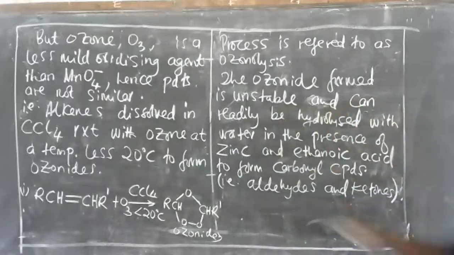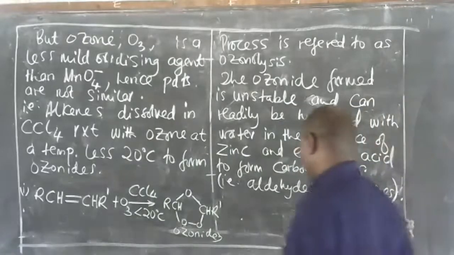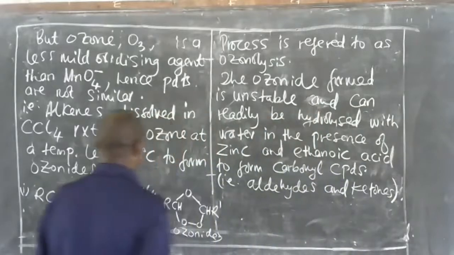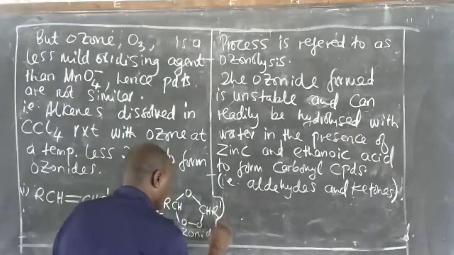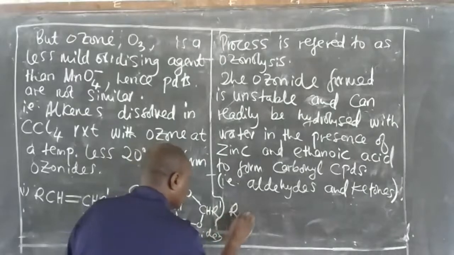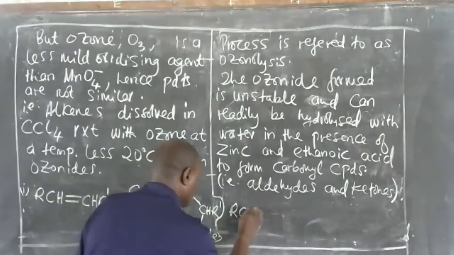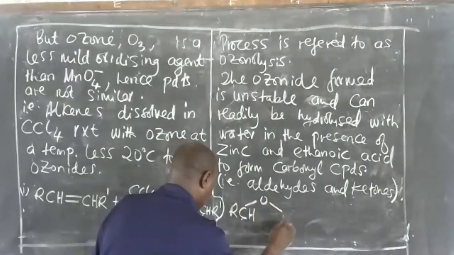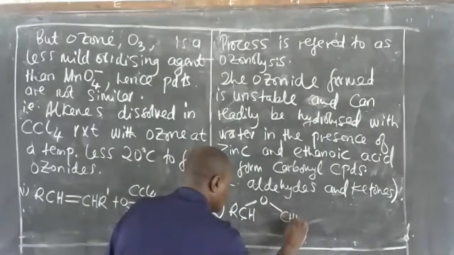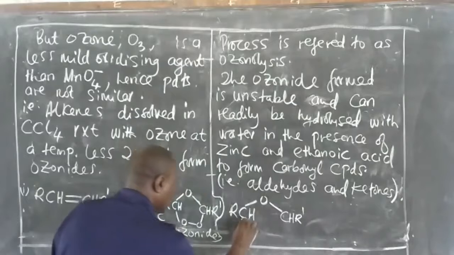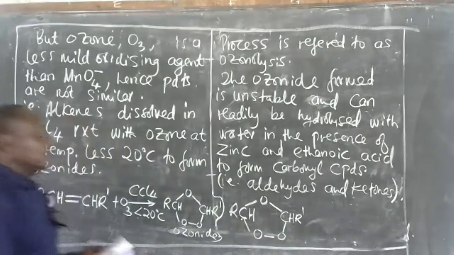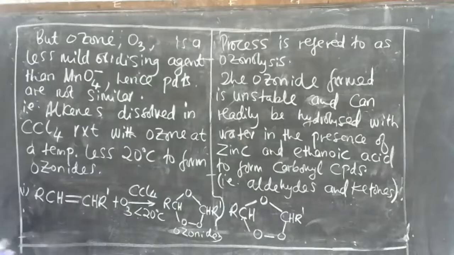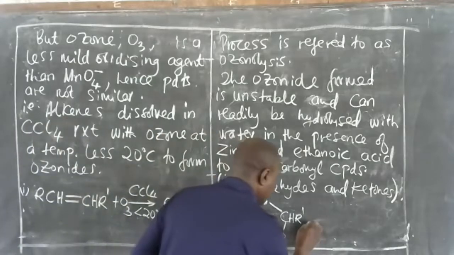Now we have our product, the ozonide, which is this one here. This ozonide, we are going to say R, we have our ozonide RCH or CHR prime, we have O, and then that is the ozonide which is formed.